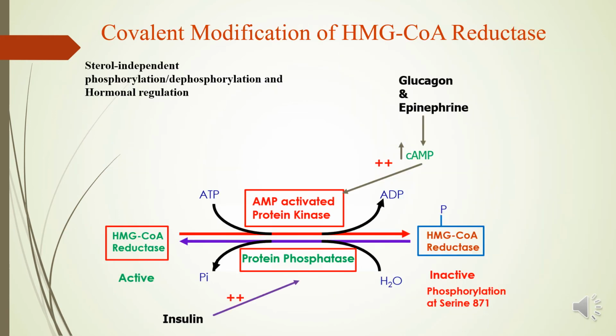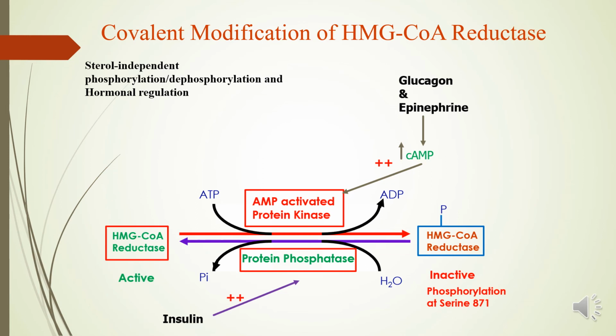So, as you see, the covalent modification of the enzyme is key for regulating cholesterol synthesis. The hydroxymethylglutarate CoA reductase is covalently modified by phosphorylation-dephosphorylation reactions. The active form is the dephosphorylated form.